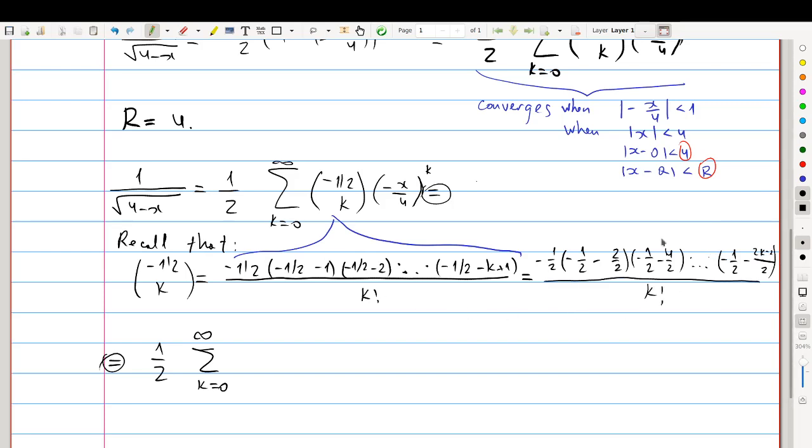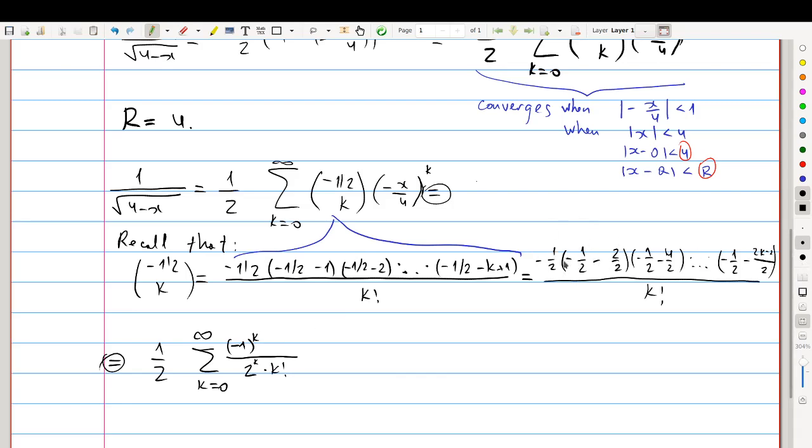So then, by grouping together all the denominators, we have a total of k factors in the numerator. Each of them has 2 in the denominator. So this gives us 2 to the k times k factorial, corresponding to this global denominator. Now, what are these factors here? Each of them contains a factor of minus 1. So we can put minus 1 to the k by taking out all the minuses.